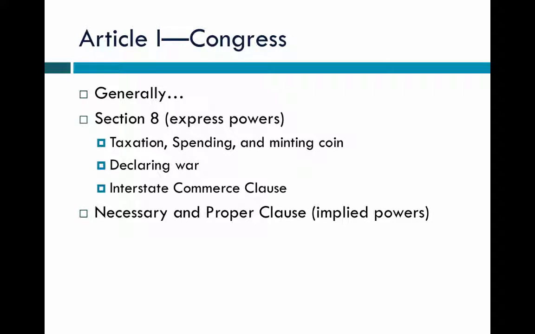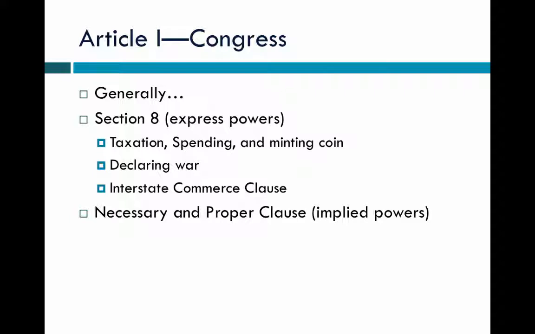Unsurprisingly, the founders put Congress as Article 1, and this is not a mistake or anything to be taken lightly. This was done very purposefully because they believed that Congress should be the central element and branch of our government. So generally speaking, Section 1 vests the legislative power of the federal government in Congress, in the House of Representatives, and in the Senate, and discusses how members are elected and what powers Congress holds.